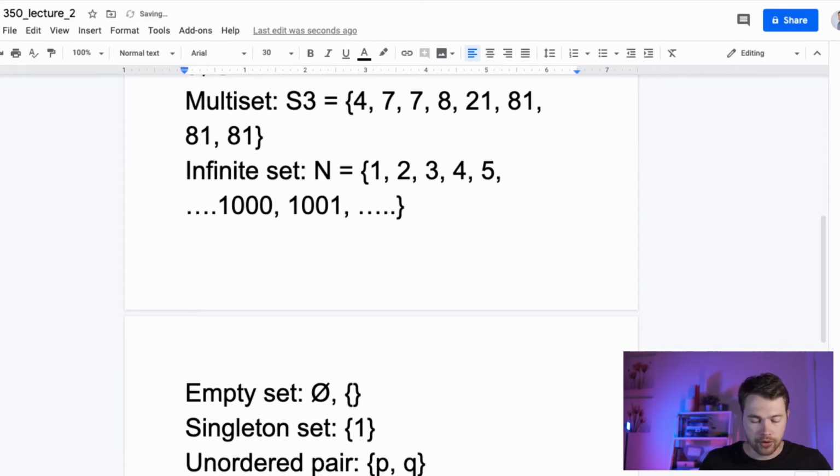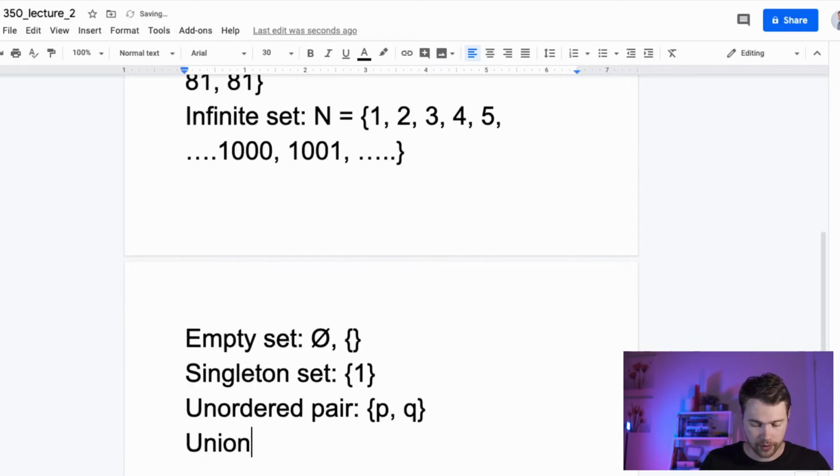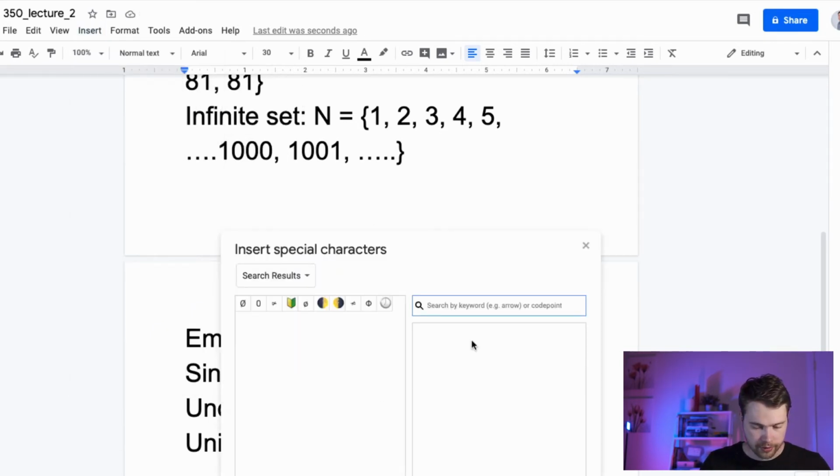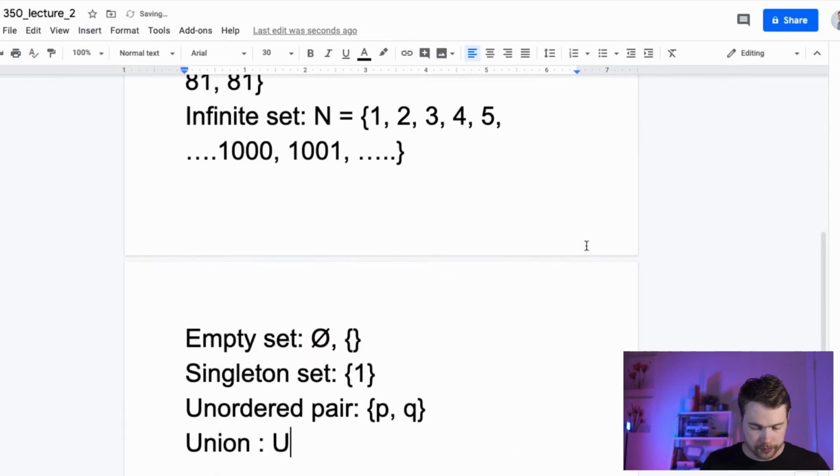Now, moving on, union. Okay, I'm not sure if you've taken a class with Venn diagrams yet, but basically union would be represented by this symbol, kind of like a really fat U. Special character. So that would be U, right? It looks super similar to U, by the way, at least in this font.